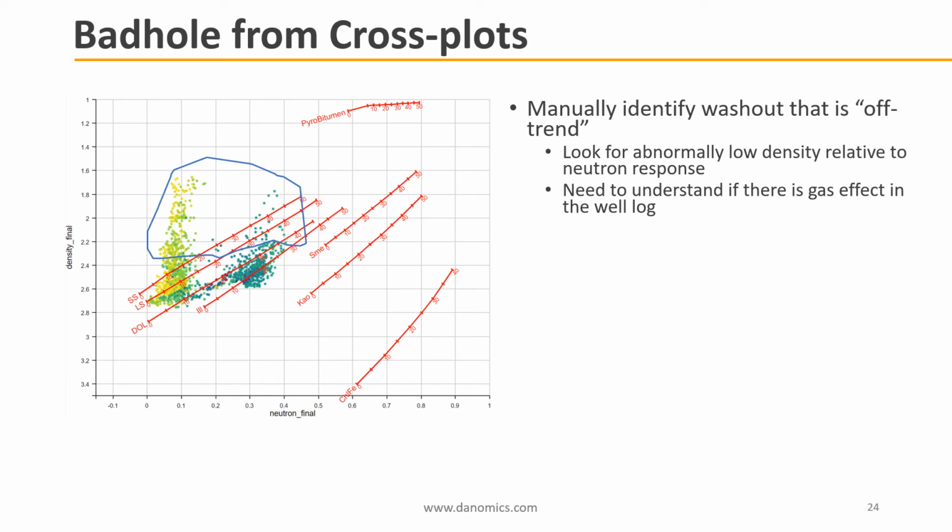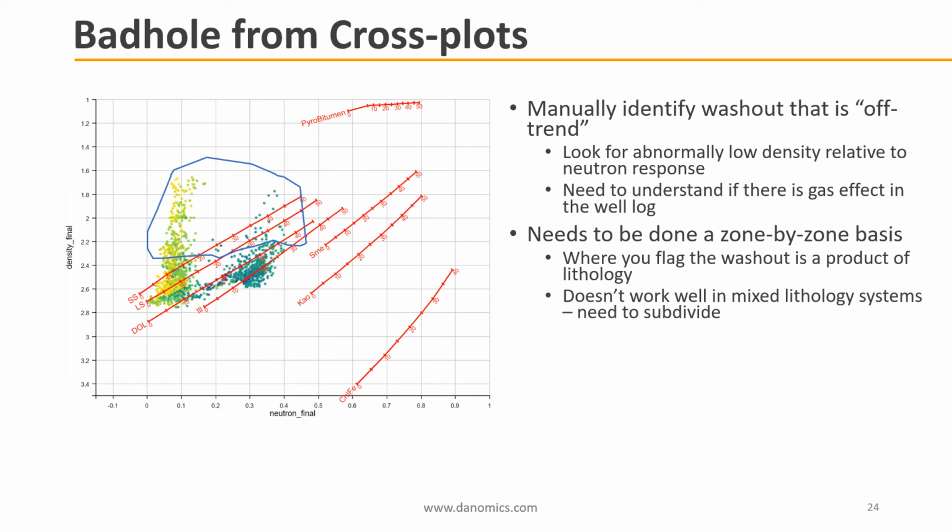So for example, in this case, I'm looking at where do we have an abnormal density response relative to the neutron. And you would need to think about, hey, is there gas effect, or is this actually due to a poor density response? And this is something that you need to do really on a zone by zone, well by well basis.